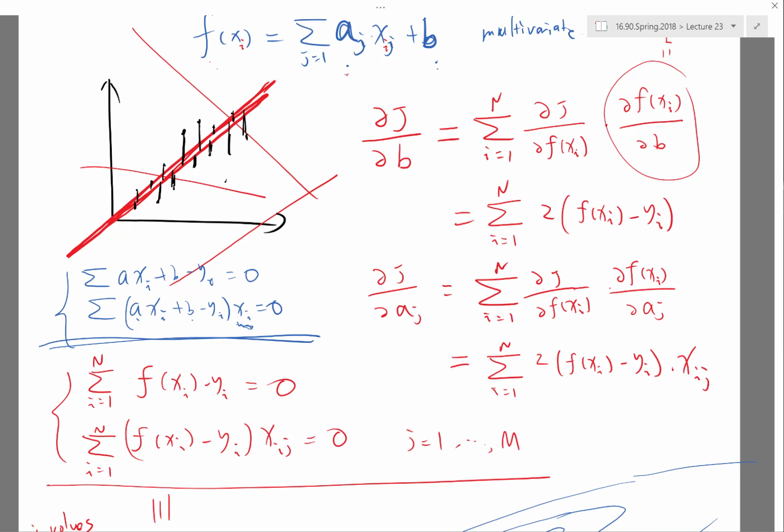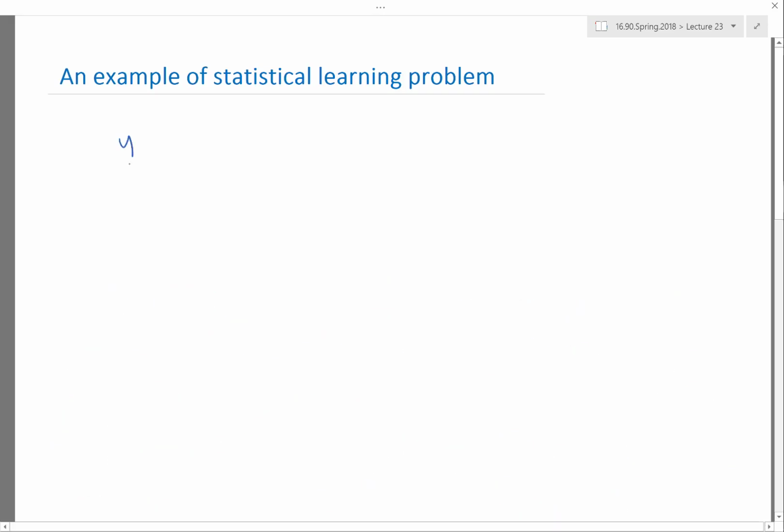The intermediate variable I'm going to introduce is my y hat of i, which is equal to a x_i plus b. So the y hat is my prediction.